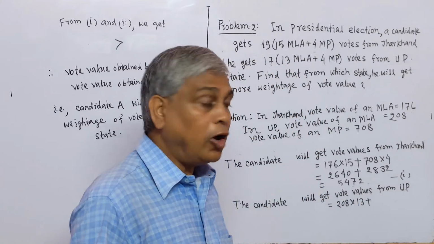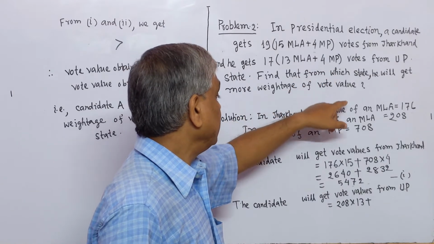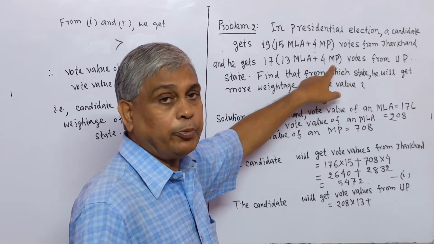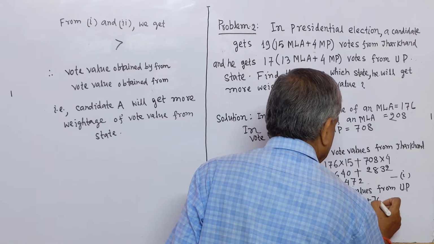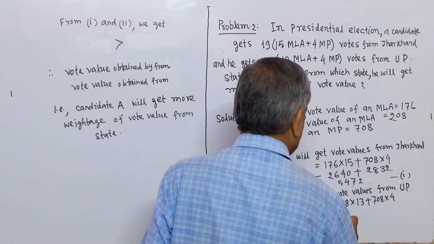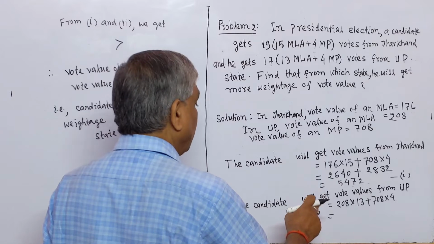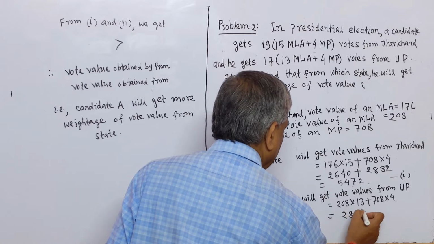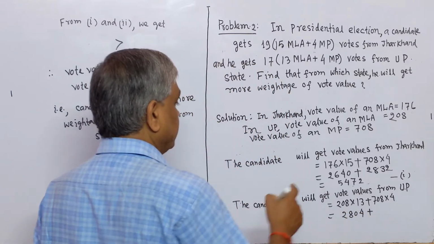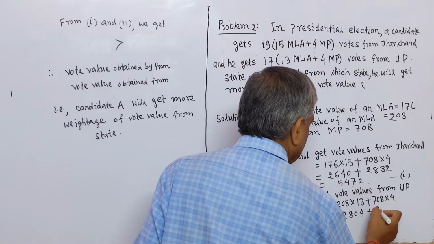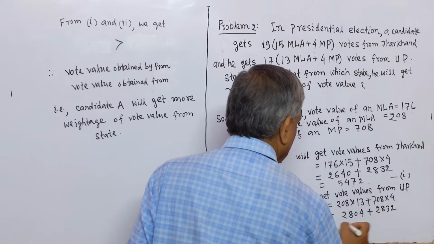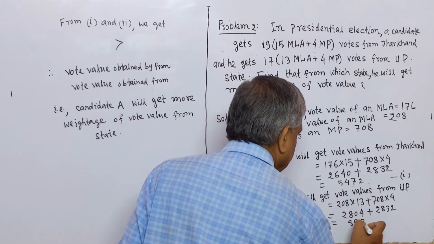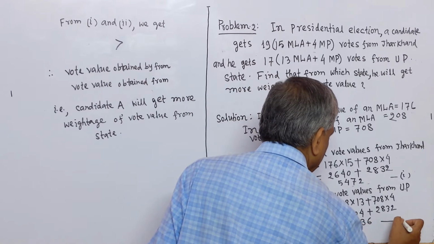Since the vote value of 1 MP is 708, and here we get 4 MPs, the vote value of 4 MPs will be 708 multiply 4. Here 208 multiply 13 equals 2804, plus 708 multiply 4 is 2832. Sum of these will be 5536. This is number 2.